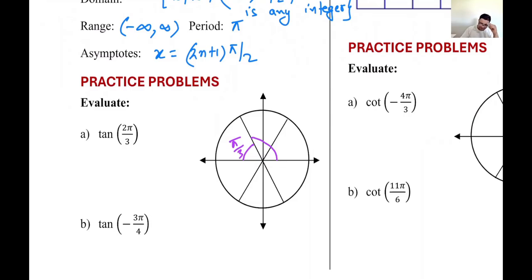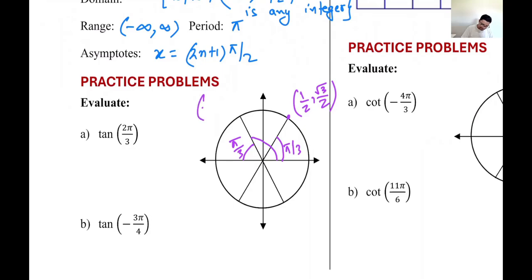And the coordinates at pi over 3 or 60 degrees are 1 over 2 and root 3 over 2, right?